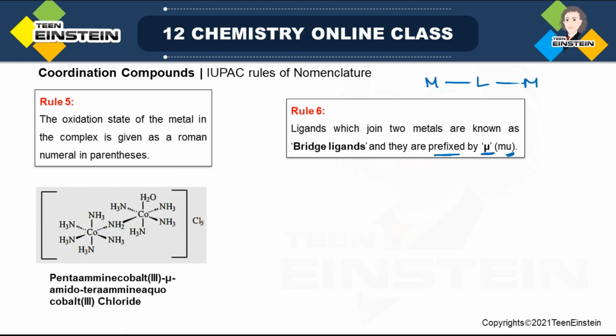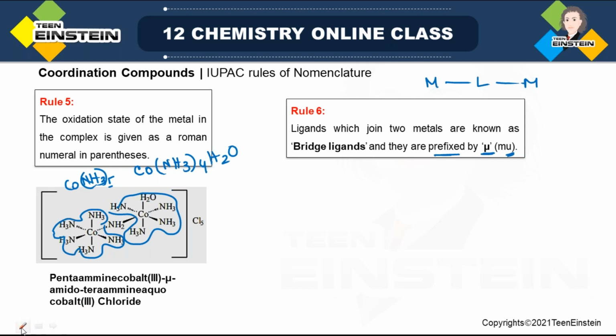In this coordination sphere, on the left hand side we have cobalt attached with 5 ammonia. And on the other side we have another cobalt, but that is attached with 4 ammonia and 1 water.